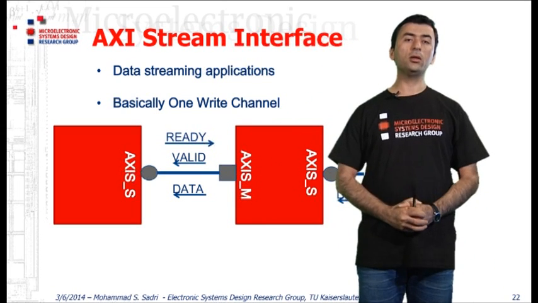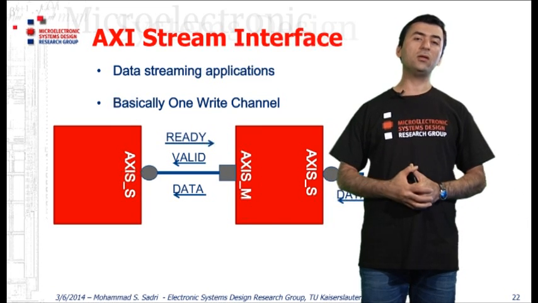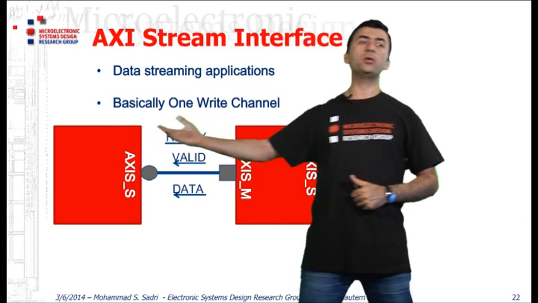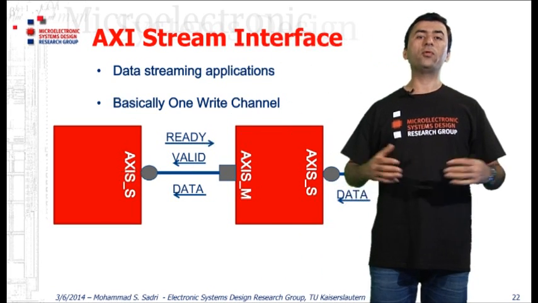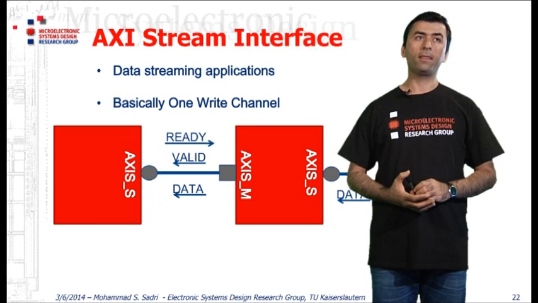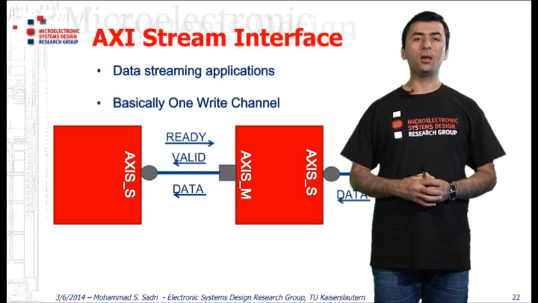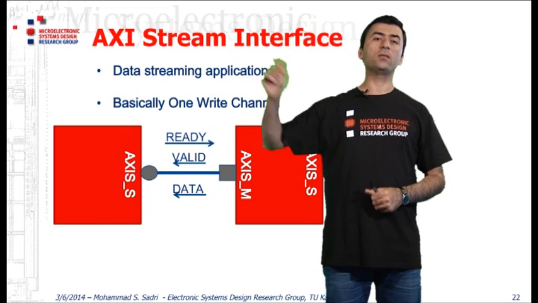So practically, this module in an AXI stream interface is always writing to that module. And no address for these data transfers is required. This builds the principles of AXI stream interfaces.